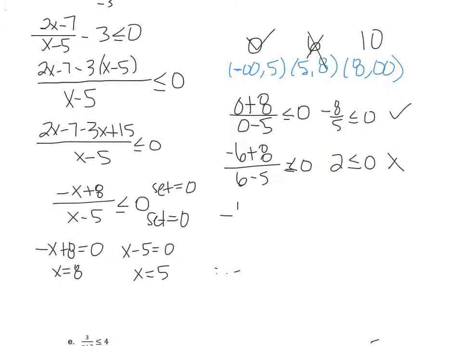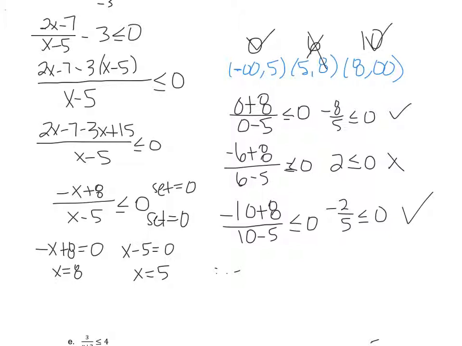Last, I'm going to plug in 10. So negative 10 plus 8 over 10 minus 5 is less than or equal to 0. And I get negative 2/5 is less than or equal to 0. That is a true statement.